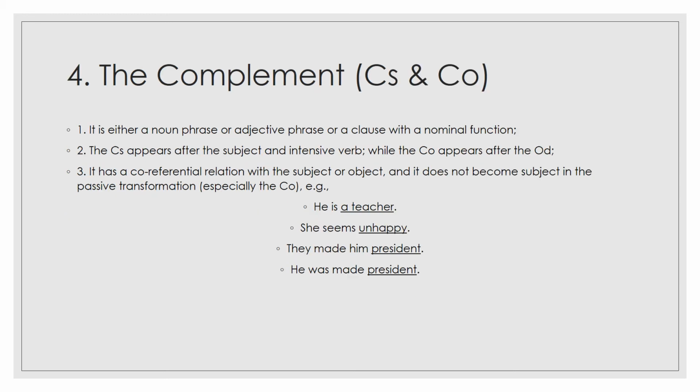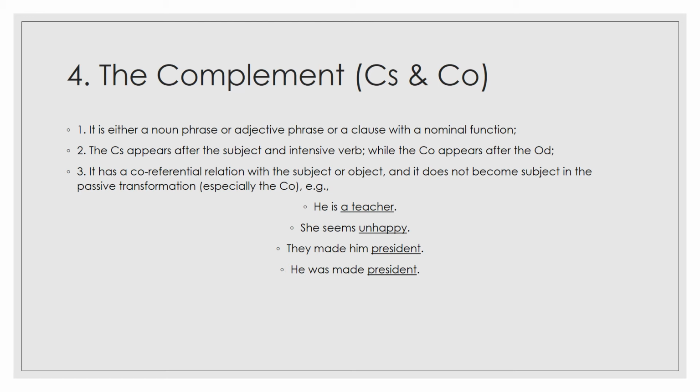The fourth element that we need also to define syntactically is the complement. And you remember that the complement appears for us in two forms in the 7 sentence patterns we studied. These forms are the subject complement and the object complement. So what is the form?